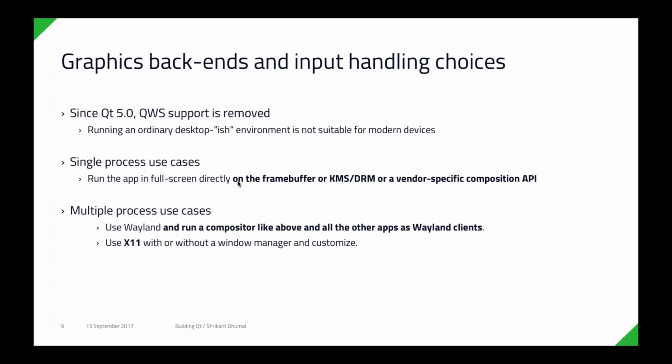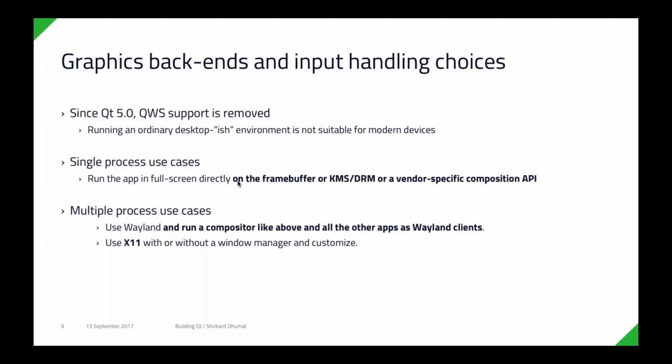So in that case, what we are left with is either we run it as a single process or a multi-process. And both these use cases are handled in Qt. When you are going to run the Qt GUI application as a single process, you have multiple choices there. Typically, you would be using the frame buffer or the KMS DRM API. And as I said, this is abstracted from you. You don't have to worry too much.